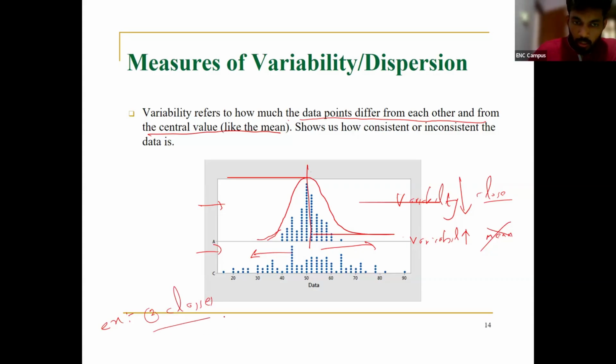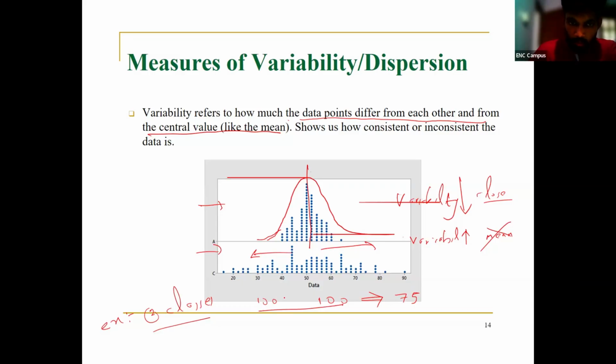Let's say we have 100 students in both classes. One class has 100 students and the other class has 100 students. Then when we calculate the mean, both say it's 75.